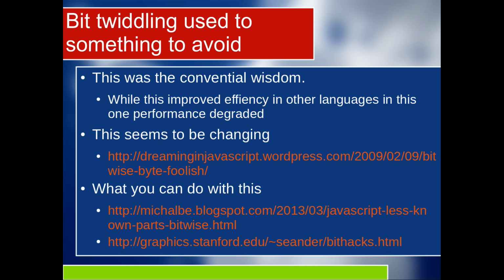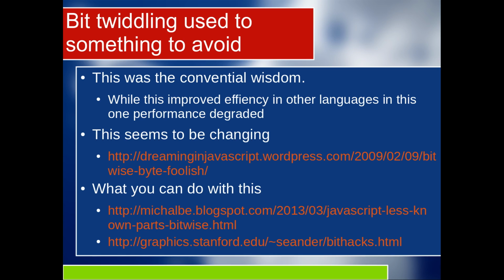This paradigm seems to be changing. I read an article a little bit ago about the performance of JavaScript from this site, and he makes the case that as improvements have been made in the browsers, JavaScript's ability to handle bit manipulation has improved.